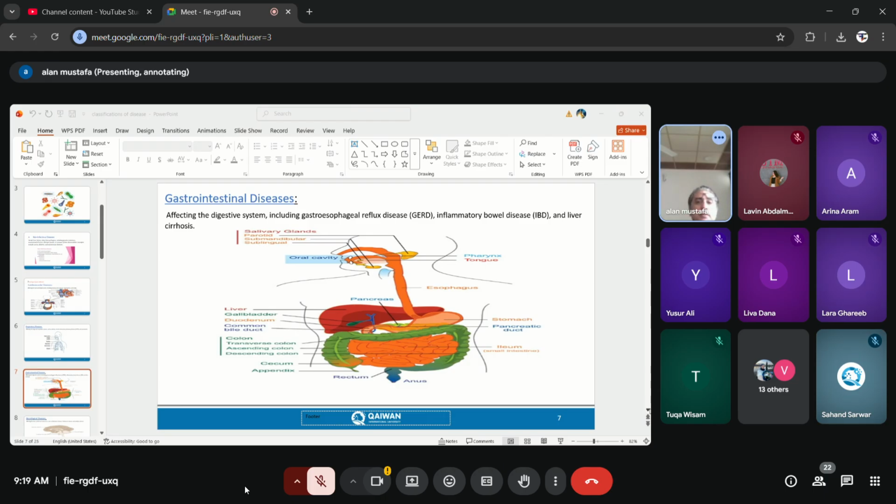So if the cause of liver cirrhosis is hepatitis, you have to treat the hepatitis. But if the liver has reached a certain level of cirrhosis, it cannot go back to normal. Maybe you can stop it at one stage, but the liver cannot go back to normal.